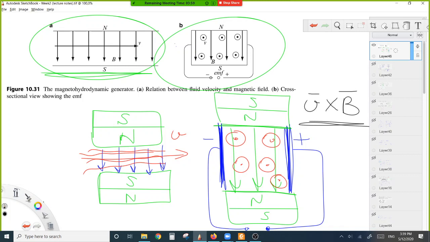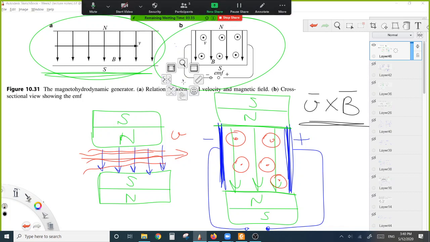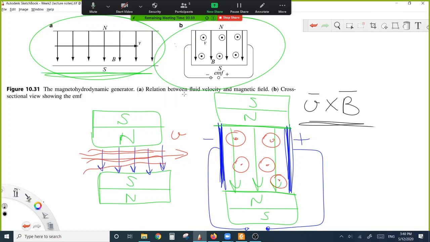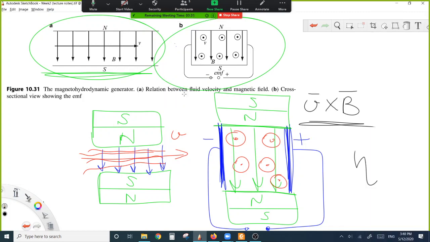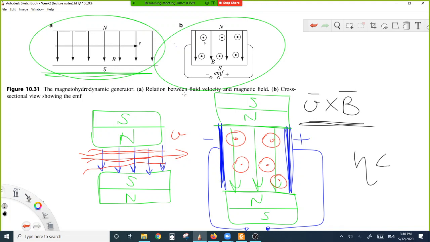However, another disadvantage of generators like this is that most of them have low efficiency. The efficiency of these generators is lower than 15%.